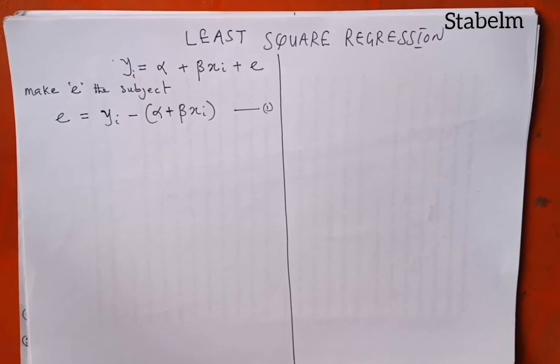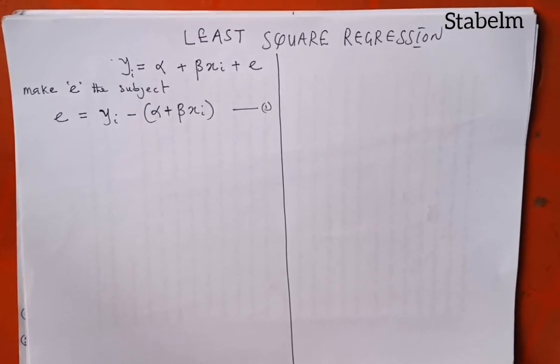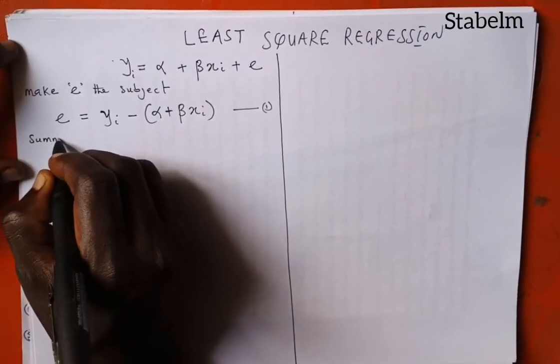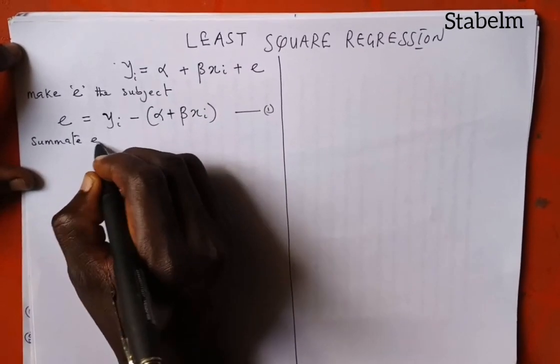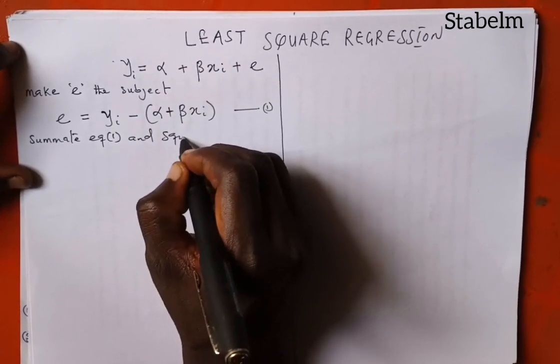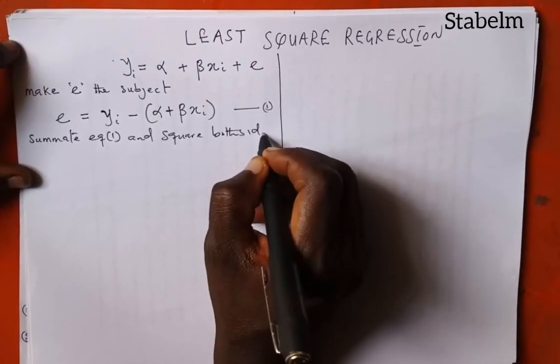Now, we need to summate equation 1 and square both sides.